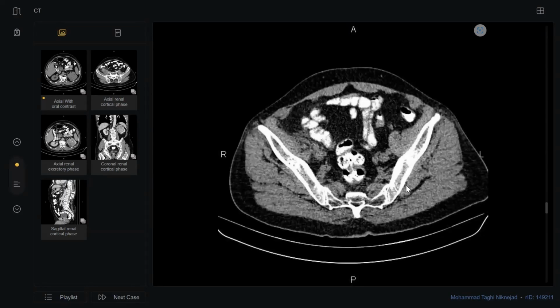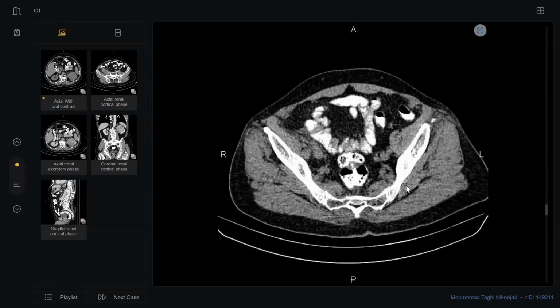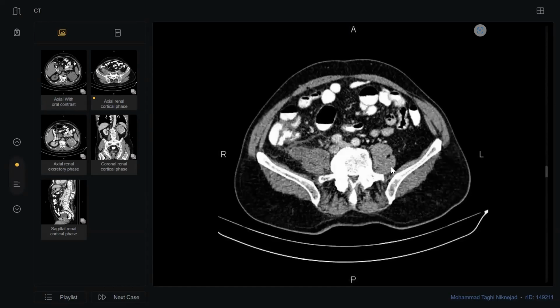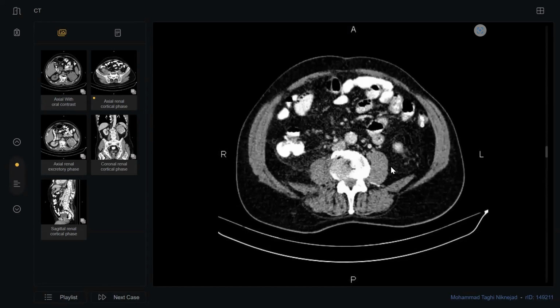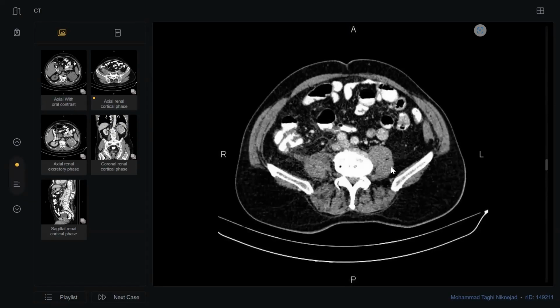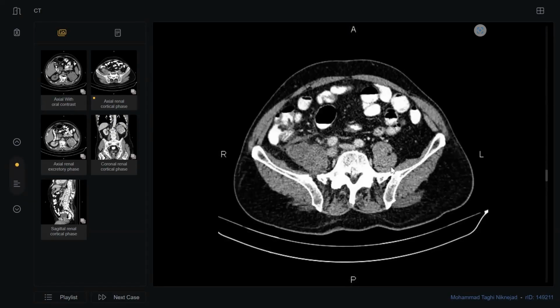So I'd like to see the contrast enhanced sequence. This is a contrast. Okay. So provided are the contrast enhanced phase images of the abdomen. First I'm going to the right lower quadrant pain focus region.